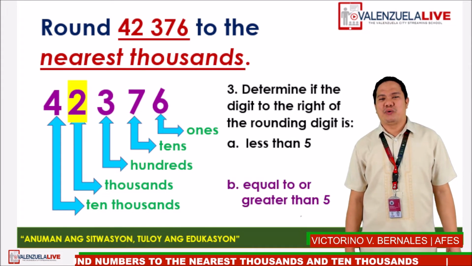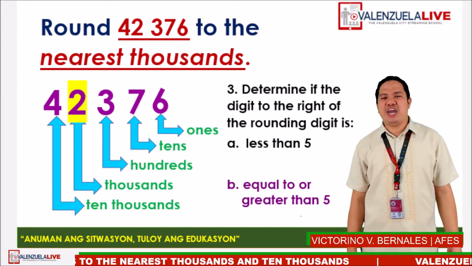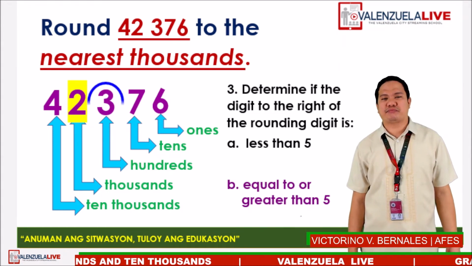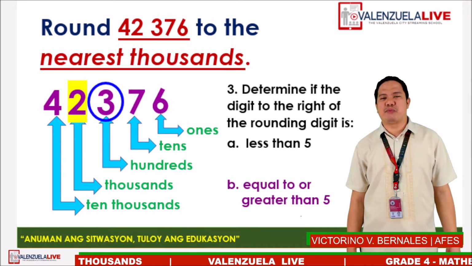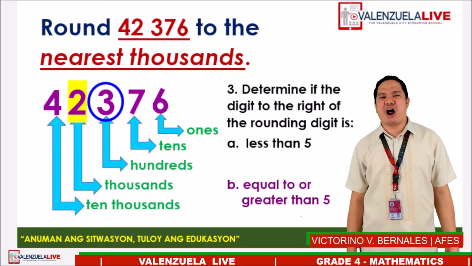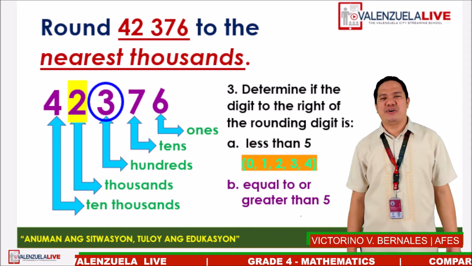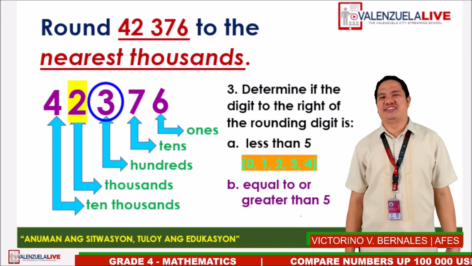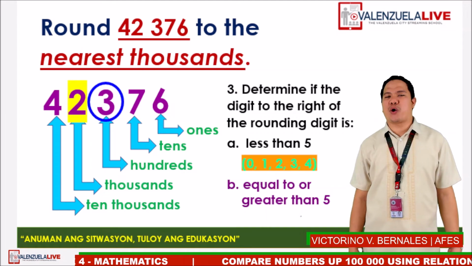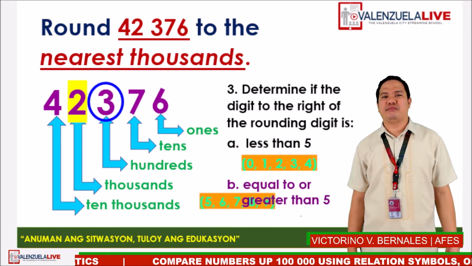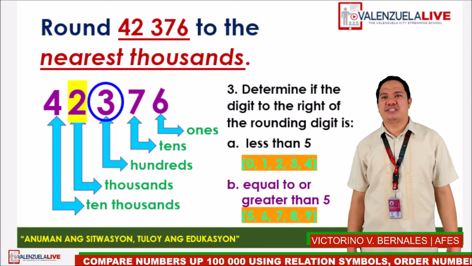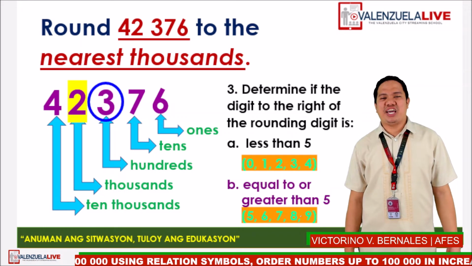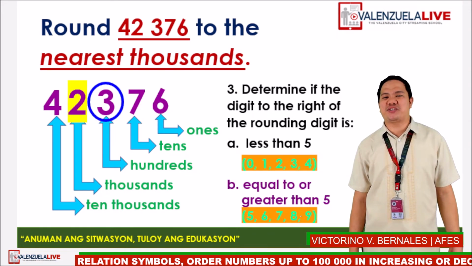Therefore, we have to identify if 3 is less than 5 or it is equal to or greater than 5. Again, what are the numbers less than 5? They are 0, 1, 2, 3, and 4. While numbers equal to or greater than 5 are 5, 6, 7, 8, and 9. Is 3 less than 5 or equal to or greater than 5?